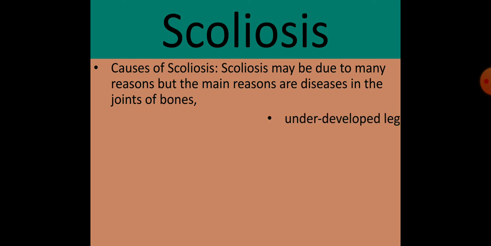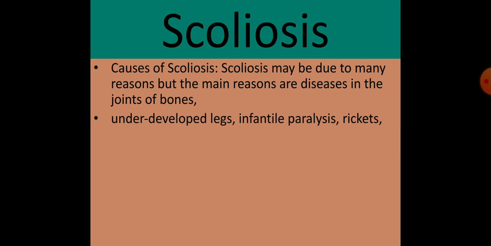Underdeveloped legs, infantile paralysis and rickets. The legs are not developed properly. When the child is suffering with scoliosis, development of the leg is affected here.